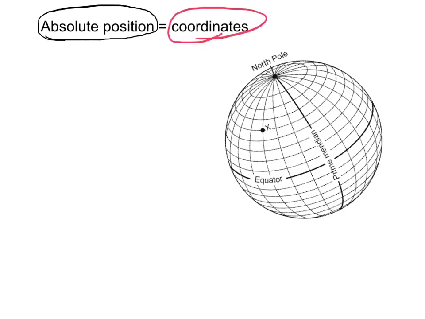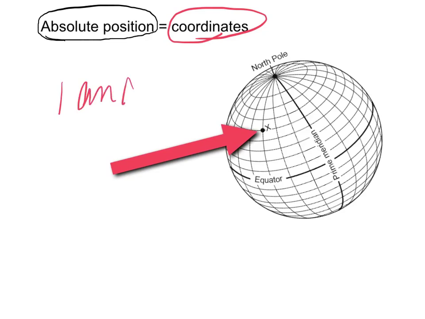And this X that we saw right over here is an example of an absolute position. One and only one thing can be located at these coordinates.